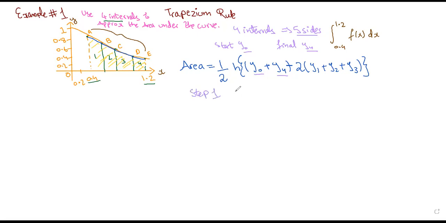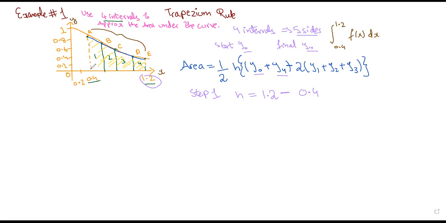We have our formula. We need to know the h. H would be, what is the final limit? 1.2. And what is the starting limit? Your starting limit is 0.4. Your starting limit is not 0, it is not 0.2. Your starting limit is basically the starting point of the area that the examiner wants you to find.